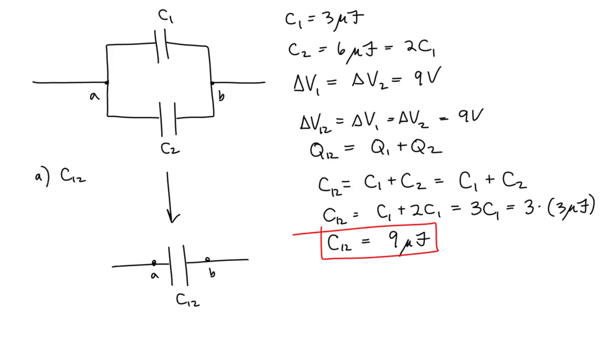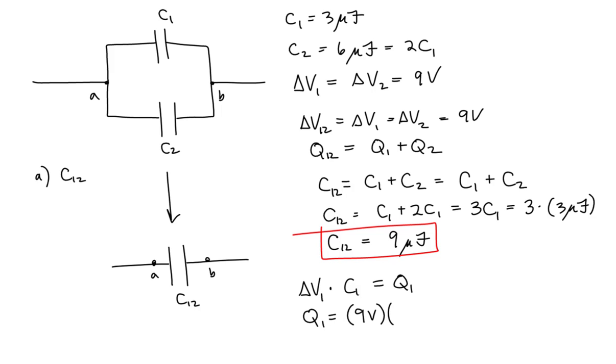Well, the problem says if one of the two capacitors has a potential difference equal to 9 volts, determine the amount of charge on each capacitor. Well, we could use the relationship that Q equals CV. This will give us the charge on the first capacitor. We know that the charge on this first capacitor is equal to the product of its potential difference, which is 9 volts, and its capacitance.